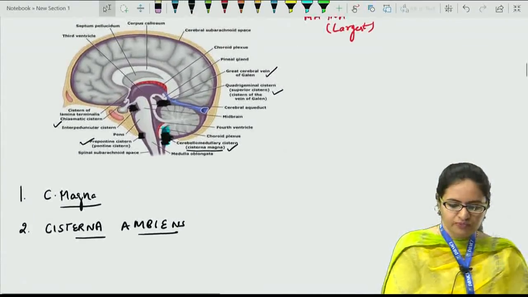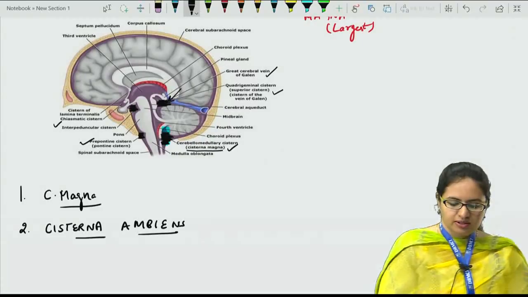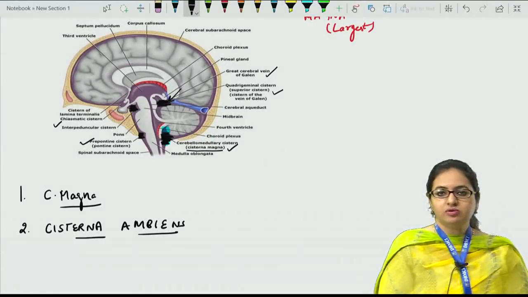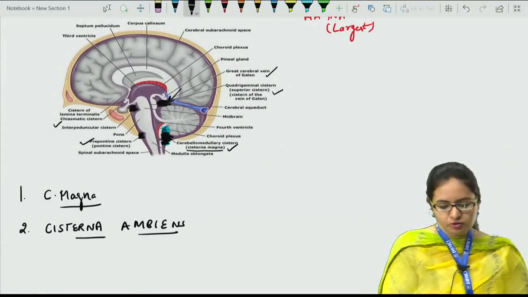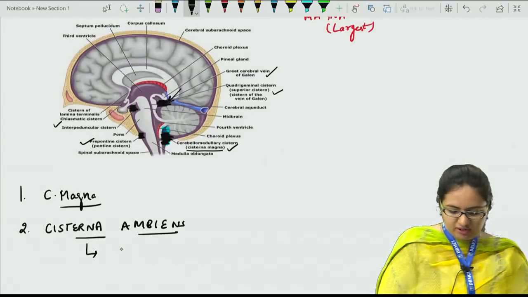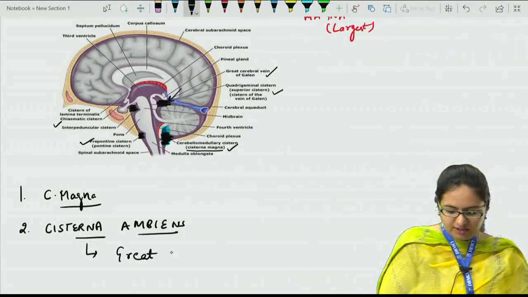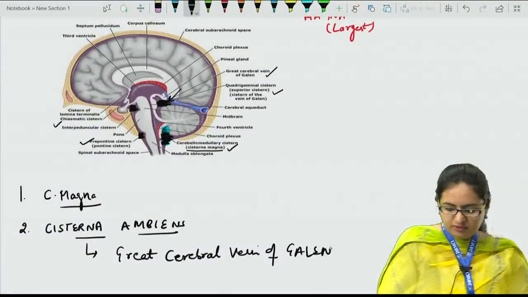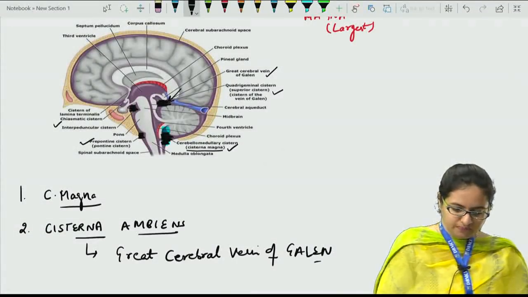Again, if you see over here, it is located over here. It is below the splenium of the corpus callosum and above the superior aspect of the cerebellum. And the content of this cistern is the vein of Galen, or the great cerebral vein of Galen. This structure is lying within this cistern.